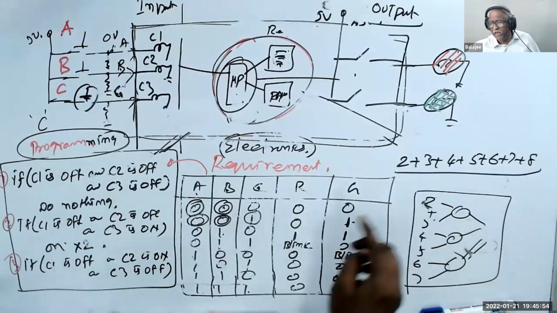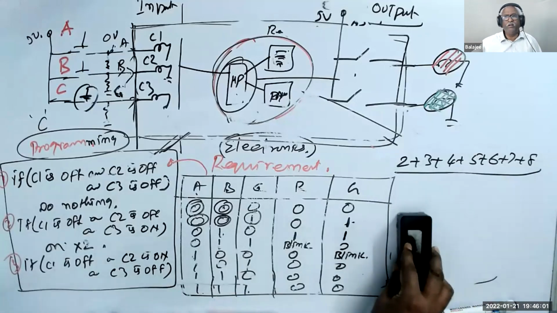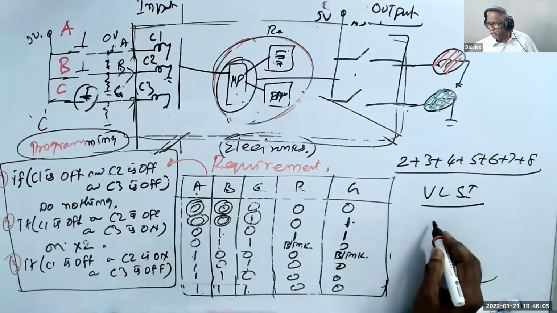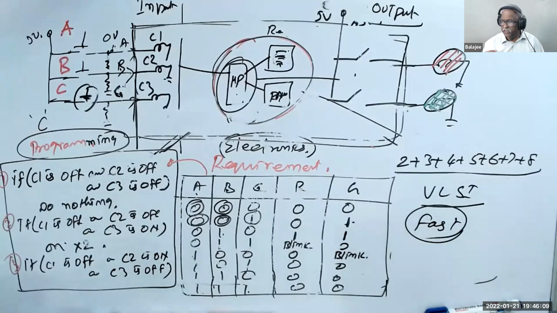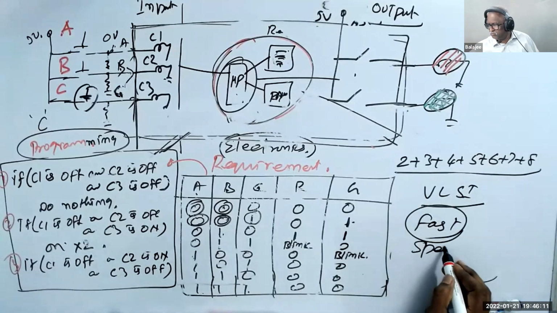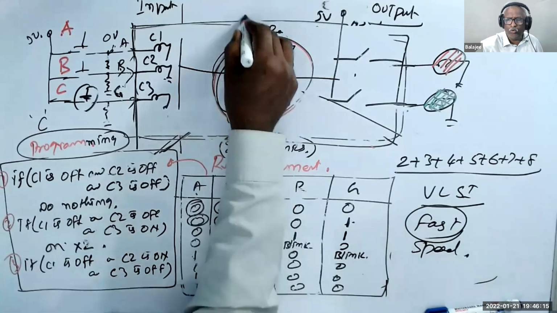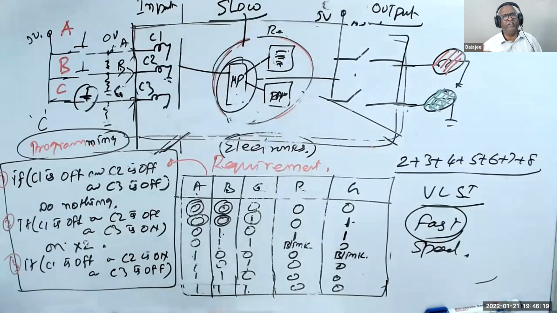I do not have to add one by one. I can add things in parallel. That is the advantage of VLSI. VLSI is for speed. But embedded is slow, because it has to do everything one by one, serially.